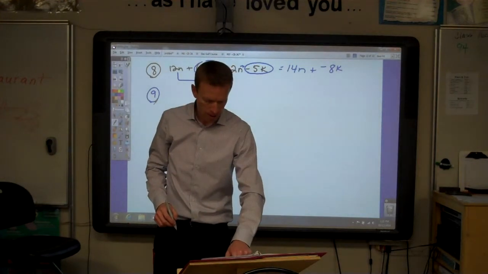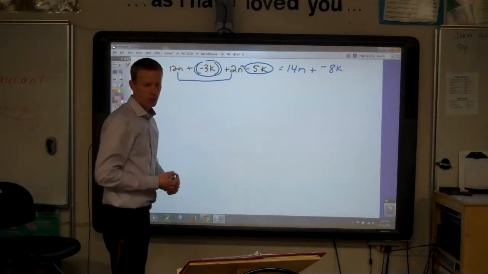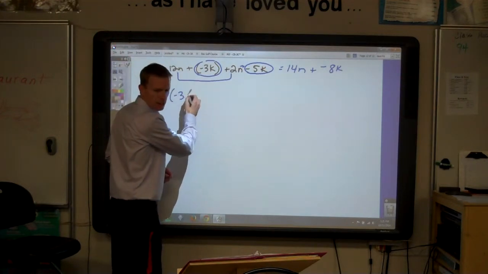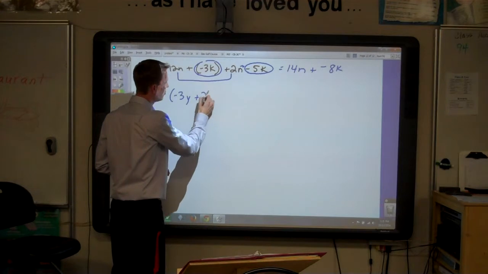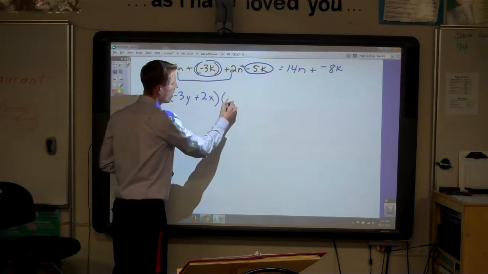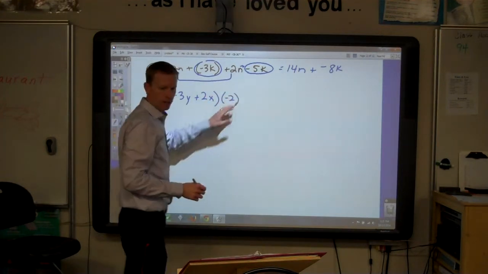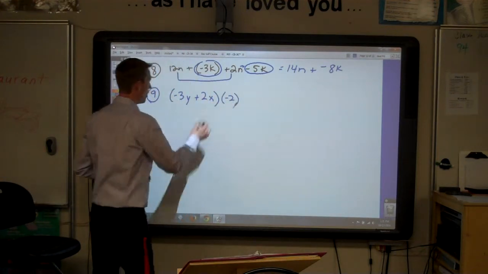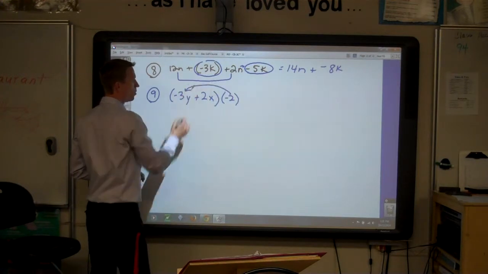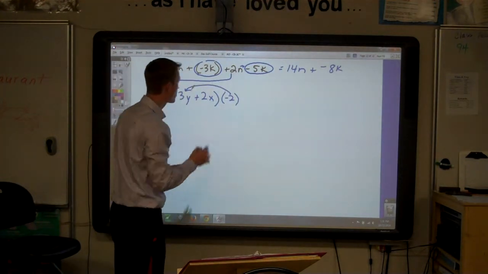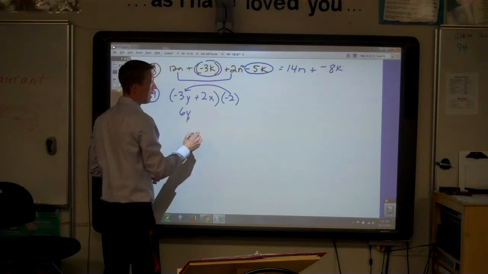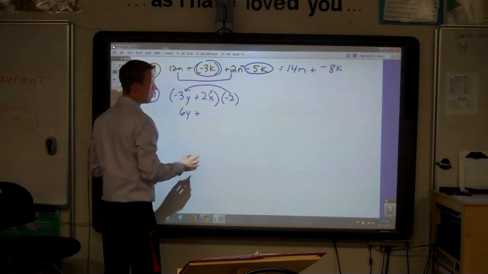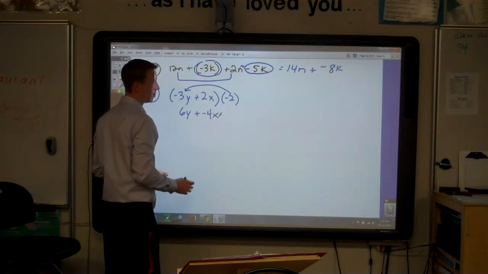This one, you'd have to first distribute the negative 2. So this has a negative 3y plus 2x, and then outside of here is a negative 2. We have to distribute that negative 2 and multiply that by each of these terms. That gives us negative 2 times negative 3y, that's positive 6y, and then negative 2 times 2x is negative 4x.